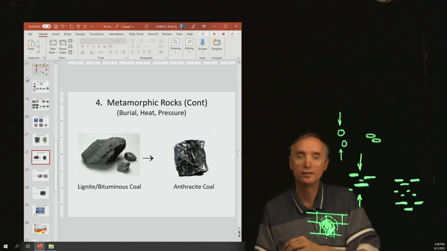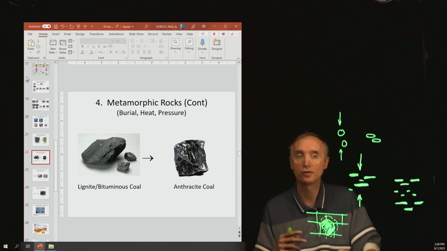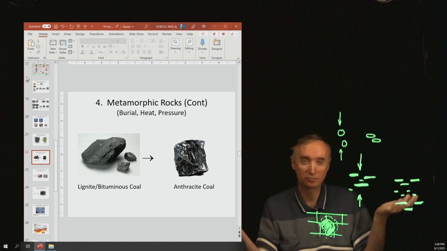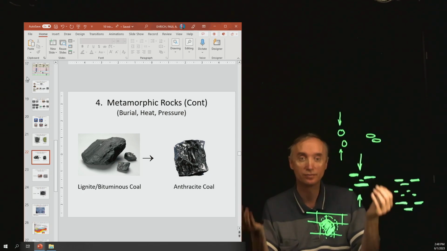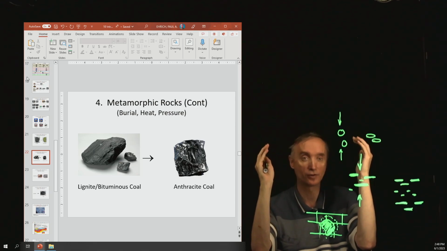Okay, then you've got burial metamorphism. Burial means it's under the ground. An example of this is what's going to happen first to peat. You start with the protoliths, which would be trees. They're not rocks, but they're the thing that turns into the metamorphic rock.